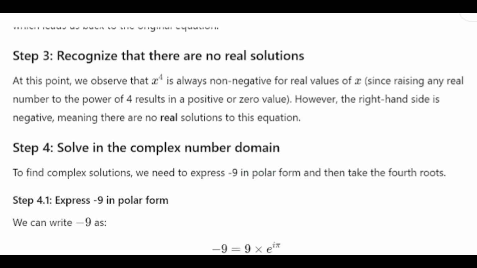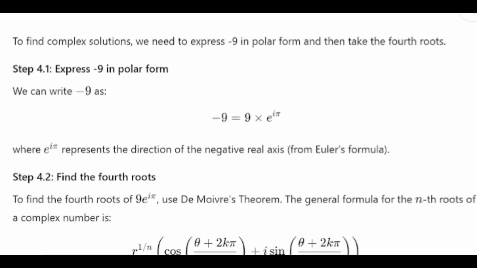Now to express this, we write minus 9 as 9 multiplied by e to the power of I pi. Then we are writing this in polar form, where e to the power of I pi represents the direction of the negative real axis from Euler's formula.